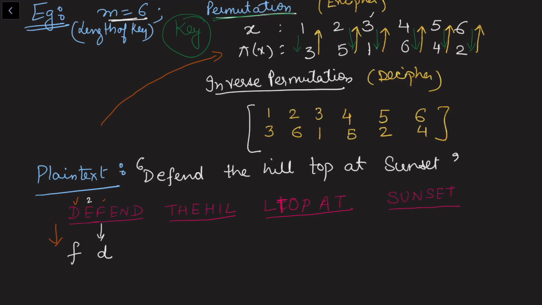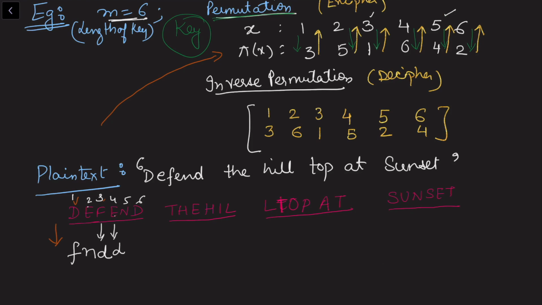Let's write down the numbers 1, 2, 3, 4, 5. So in the second position, I have to place N. Then 4 goes to 6, so the fourth position, E, goes to the 6th position. And 5 goes to 4.